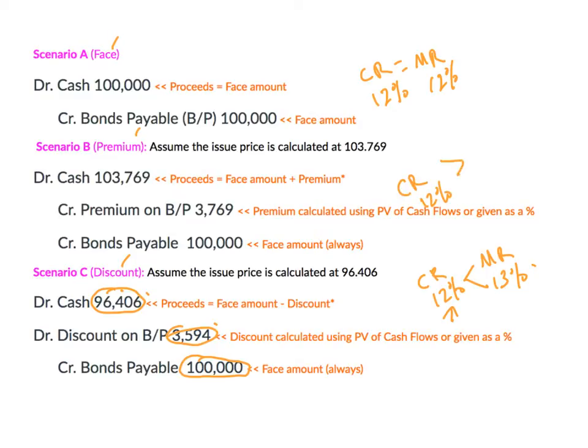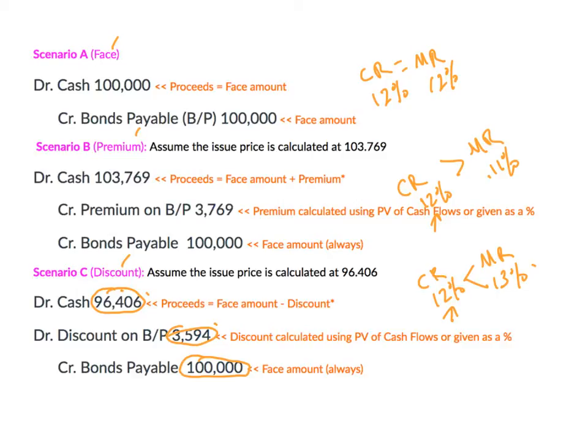The premium situation is very similar in that in that case, the contract rate is still 12%, but that is actually more than the market rate, which is at 11%. In that case, the bonds are giving too much through the interest payments, and so we have to adjust the proceeds of the pricing of the bond to effectively reduce it to 11%.